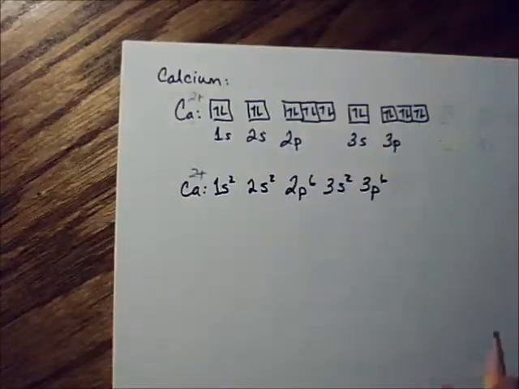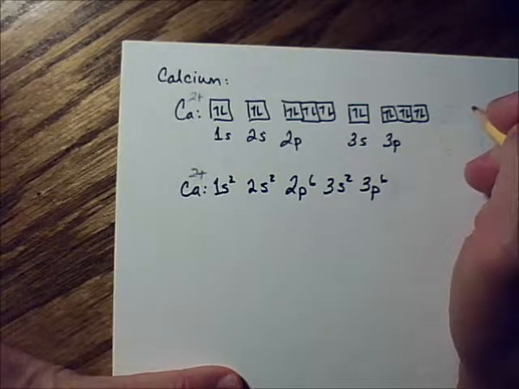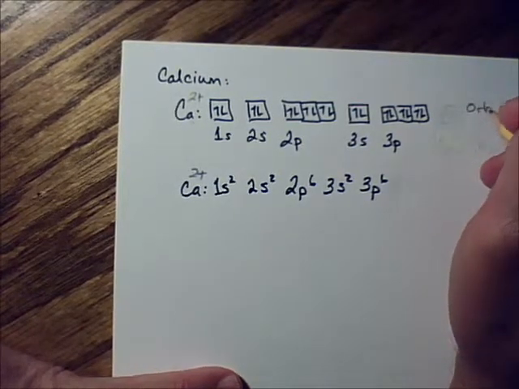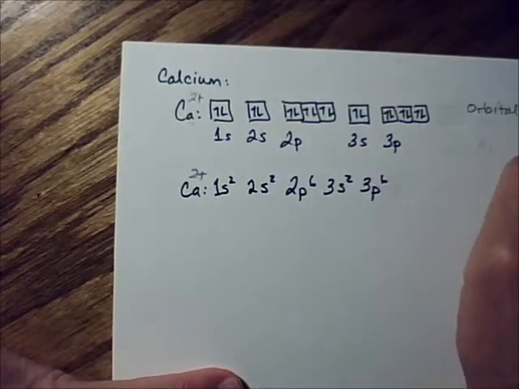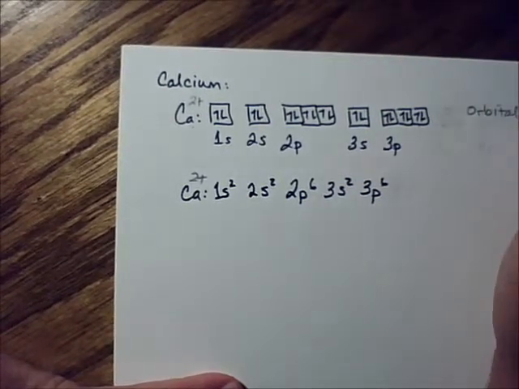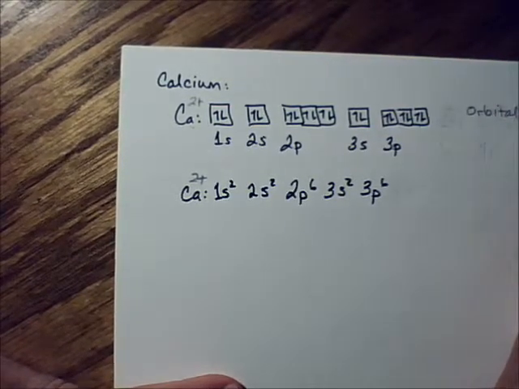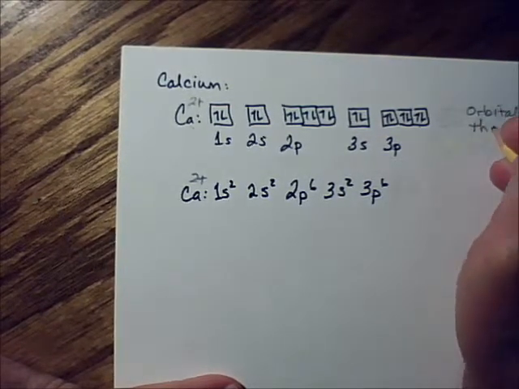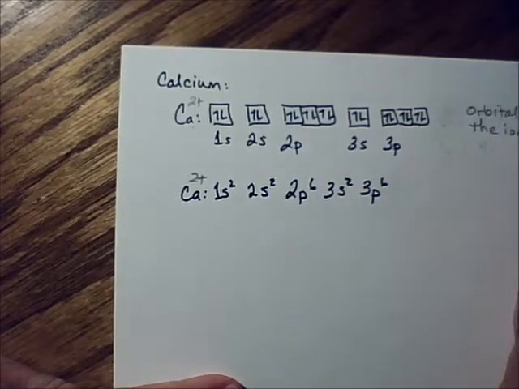All right. So then this is the orbital notation for the ion of calcium.